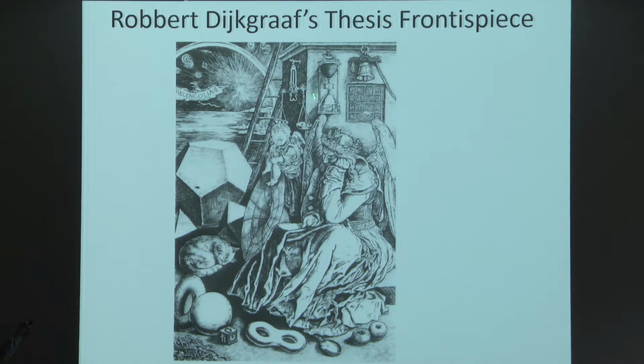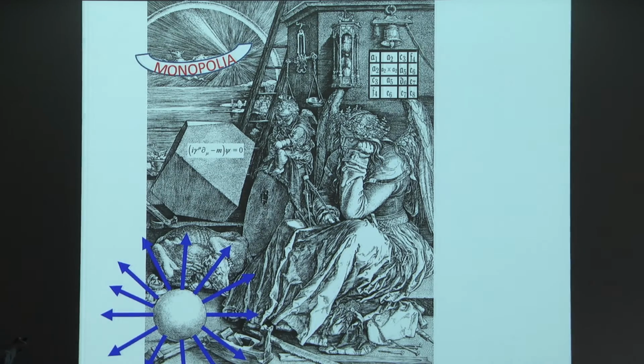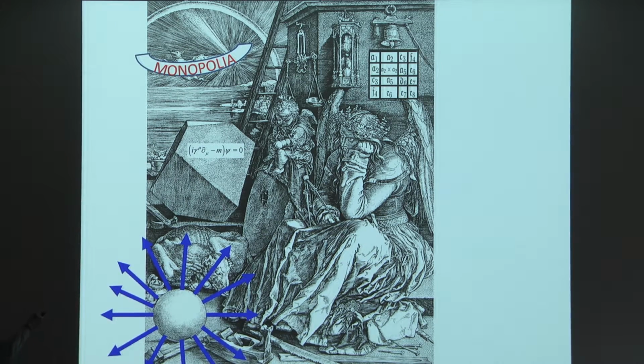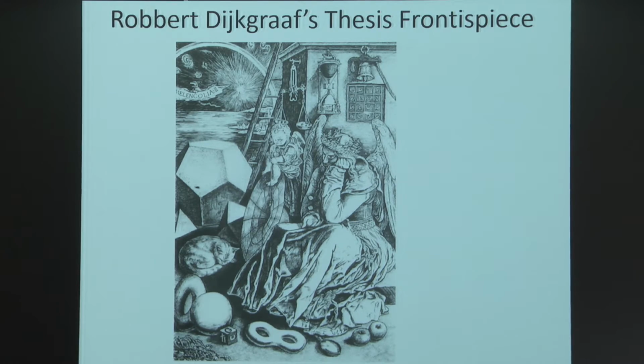Instead of the Kabbalistic signs on the wall, we have the elementary particles of the Standard Model. Instead of the sleeping bull, we have Schrödinger's cat, so on. Okay, so lots of goodies to dig out there.